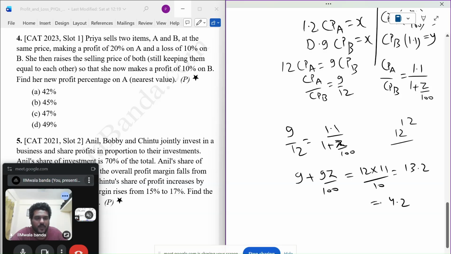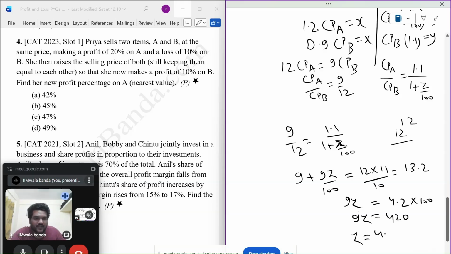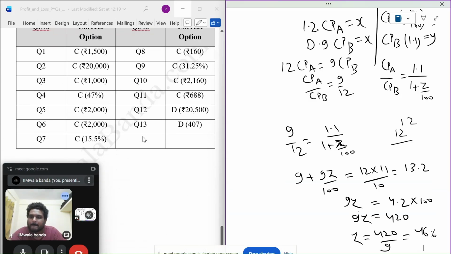So 4.2. 9Z and into 100, or 420. 9Z. So Z is 420 upon 9. 9, 18, 27, 36. And then 4 into 60. I know 9 sixes are 54. Again 60, 54. So 46.66 or 47%. Option C. Yeah.